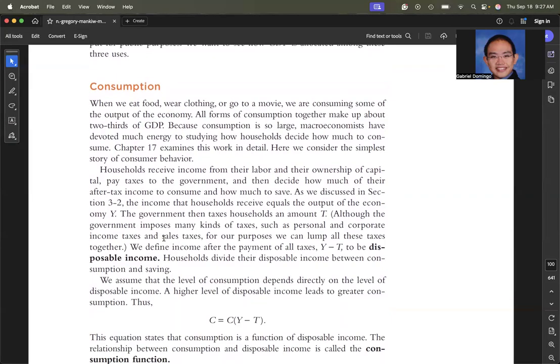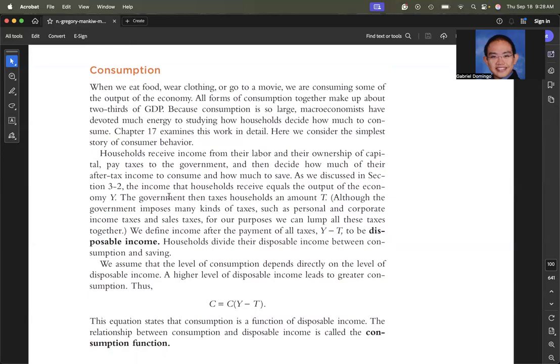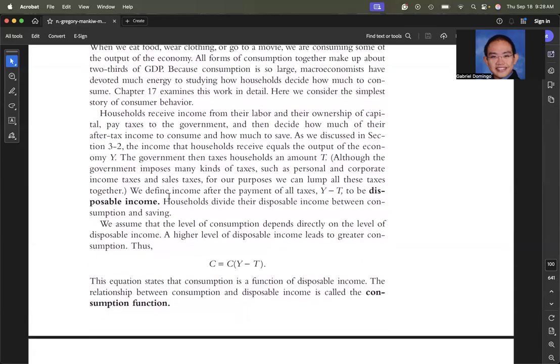So consumption. When we eat food or wear clothing, go to a movie, etc., we are consuming some of the output of the economy. All forms of consumption together make up about 2/3 of GDP. There's a behavioral assumption that we are going to have here, in that households receive income from their labor and their ownership of capital, and then decide how much of their after-tax income to consume and how much to save.